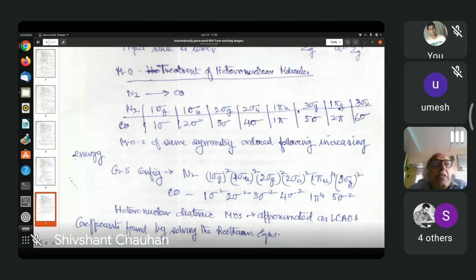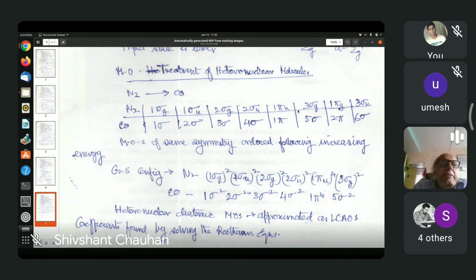N2 is a homonuclear molecule and the nuclear charge is 7, 7. CO is a heteronuclear molecule, but with the same number of electrons as N2. And the nuclear charge is not that different, 6 for C and 8 for O. So there the states will closely correspond.